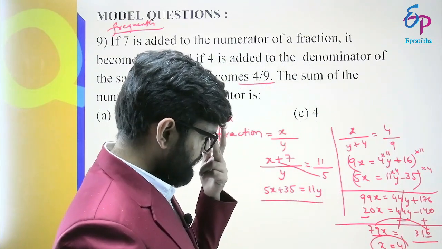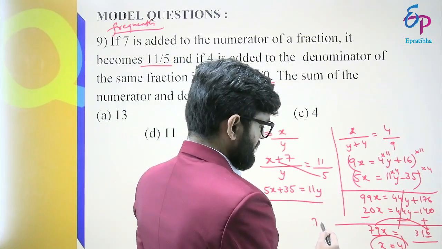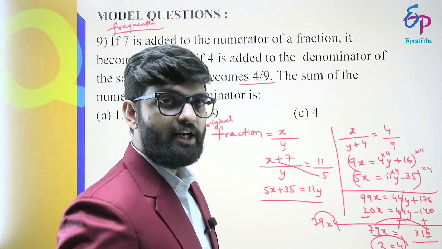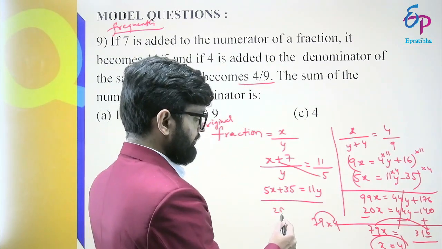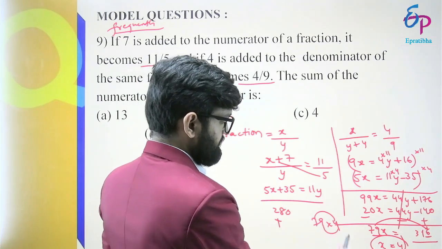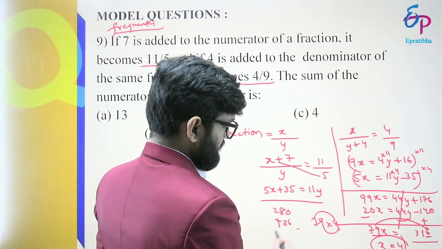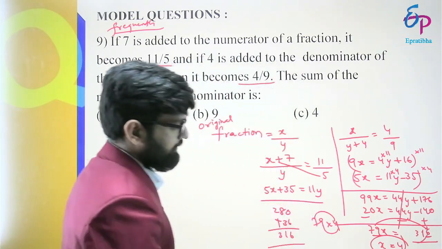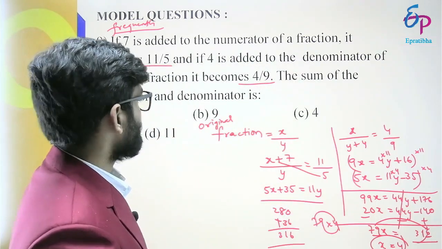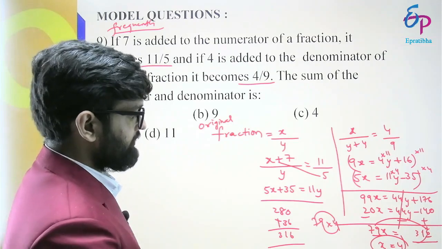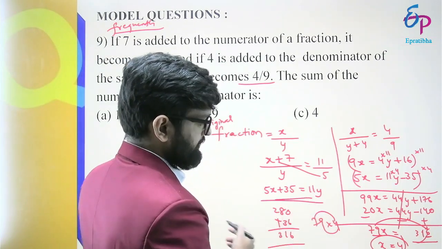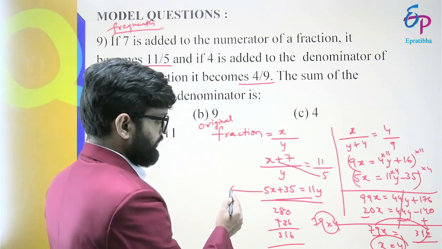Let's check, 79 fours are 316, yes or no? 4 sevens are 280, because that is in the tens position. 280 plus 36, you are getting 316 only. That means x value is 4, so the numerator is 4. How to get the denominator value? You can see this expression, I am putting x value as 4.